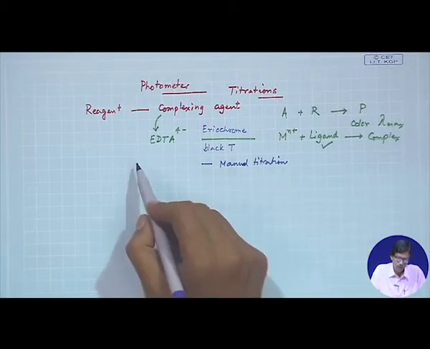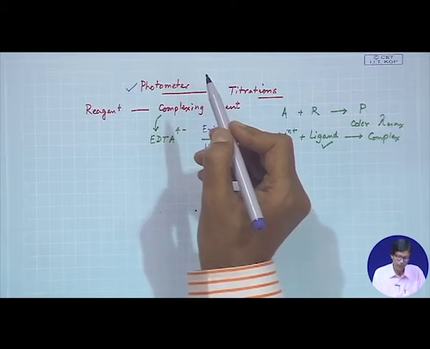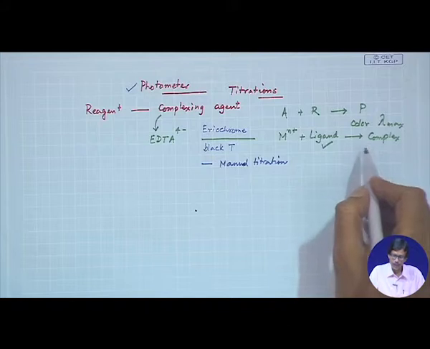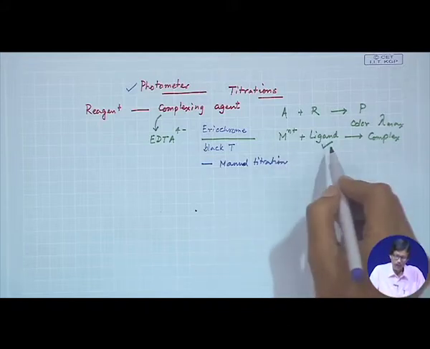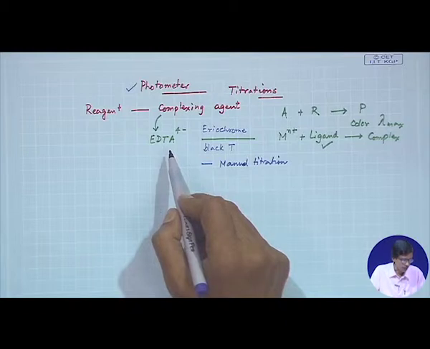So, in all these cases, when we introduce a photometer or a spectrophotometer, our basic idea is that we have to have some colored product, or a colored metal ion, or a colored ligand, such that we can monitor the corresponding absorbance during the titration process.